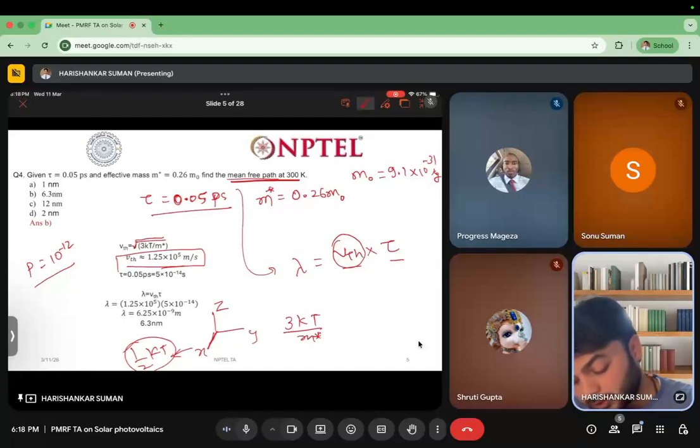Along with the energy stored, every direction has more half KT energy. So you have three dimensions, which is multiplied by 3. Generally people write 3 KT by 2 with effective mass.